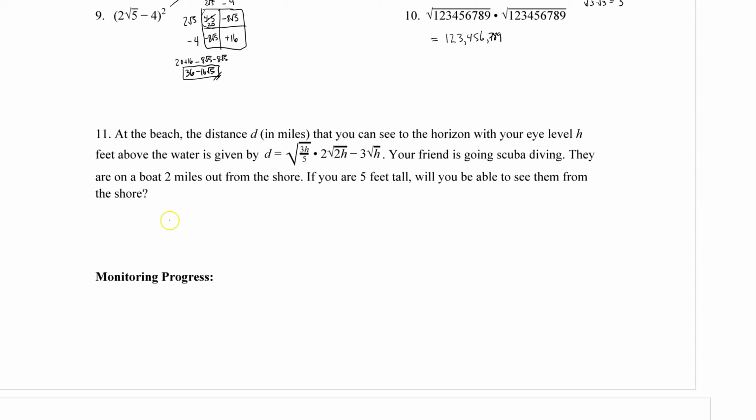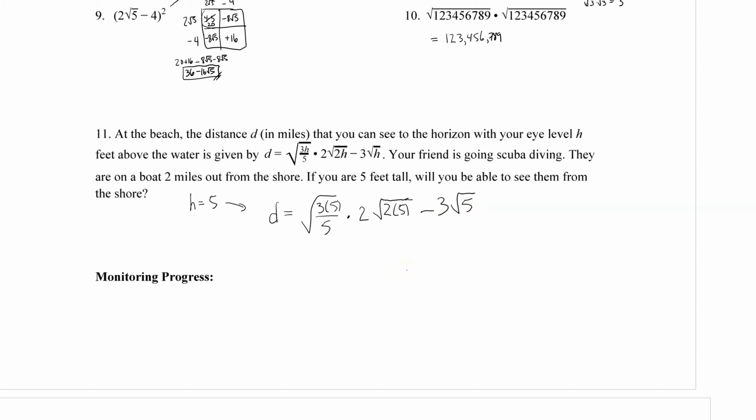So that means h equals 5. So we can put that in here into the equation. D is equal to the square root of 3 times 5 over 5 times 2 times the square root of 2 times 5 minus 3 times the square root of 5.